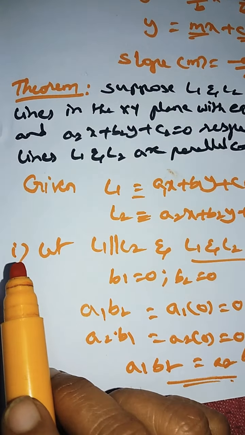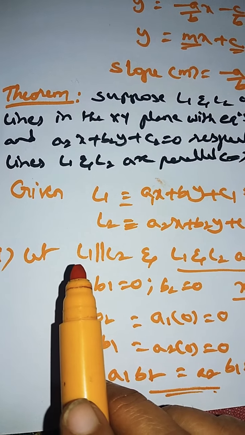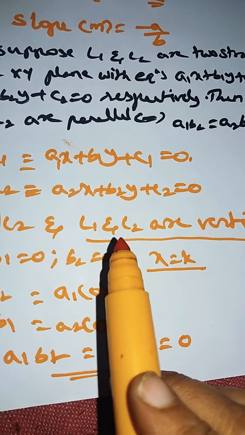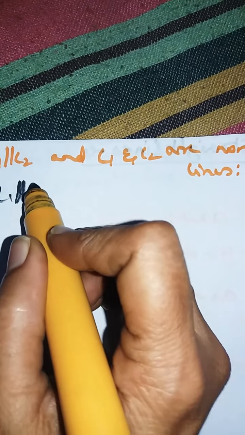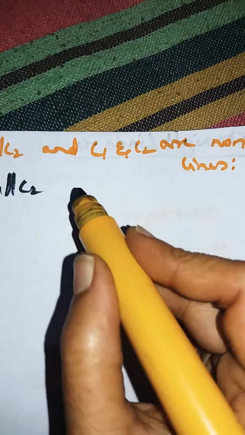Now I will go to case 2. What is case 2? L1 is parallel to L2 and L1 and L2 are non-vertical lines. When these are non-vertical lines, we have the concept that L1 is parallel to L2.